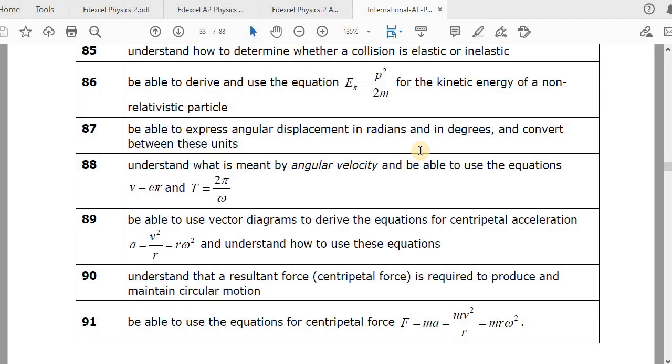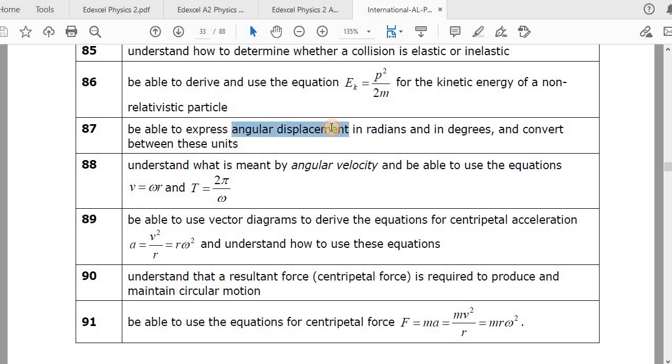You should be able to convert between these units, so we will see them. And it's very simple. You can say 2 pi radians is equal to 360 degrees, or you can say pi radians is 180 degrees. So once you have that conversion factor, you can convert from any value in degrees to any value in radians, or the other way.